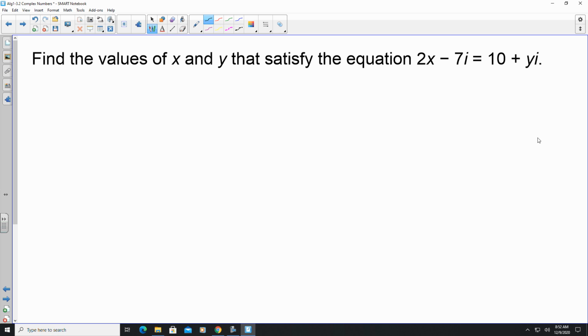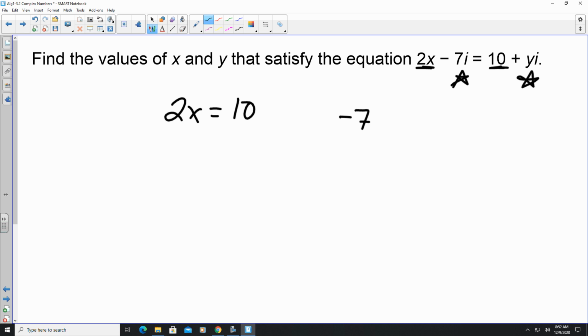In this particular instance, 2x is a real number and 10 is a real number. So you are going to separate those two things and say 2x is equal to 10. With that same idea, now I'm going to take my two imaginary terms because they both have i in there, and I'm going to set those equal to each other.